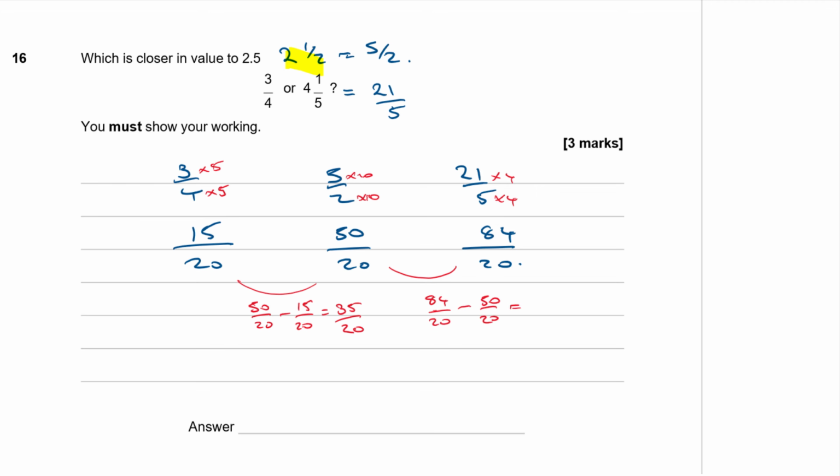So I do the subtraction there. I'm going to get 34/20. So the gap here, 34/20, is slightly less than the gap between the other two, which is 35/20, and therefore it must mean that the second number, 4 1/5, must be closer to 2.5 than the other one, because that has got the smallest gap. So which one is closest? 4 1/5. Just to make it clear why.